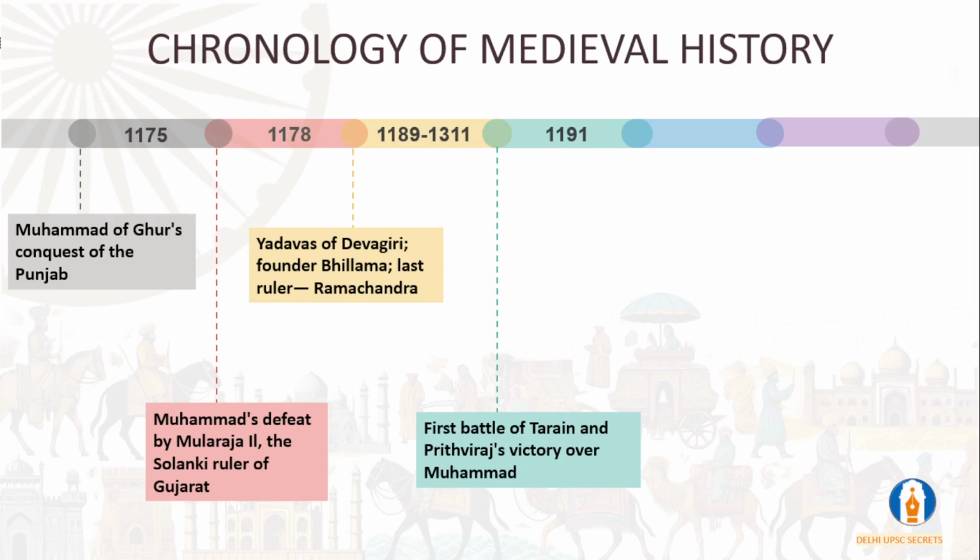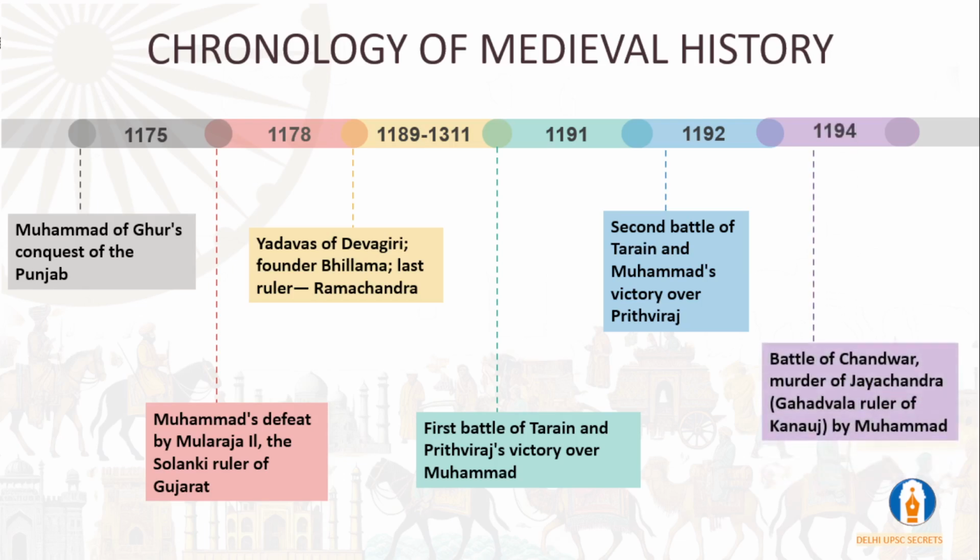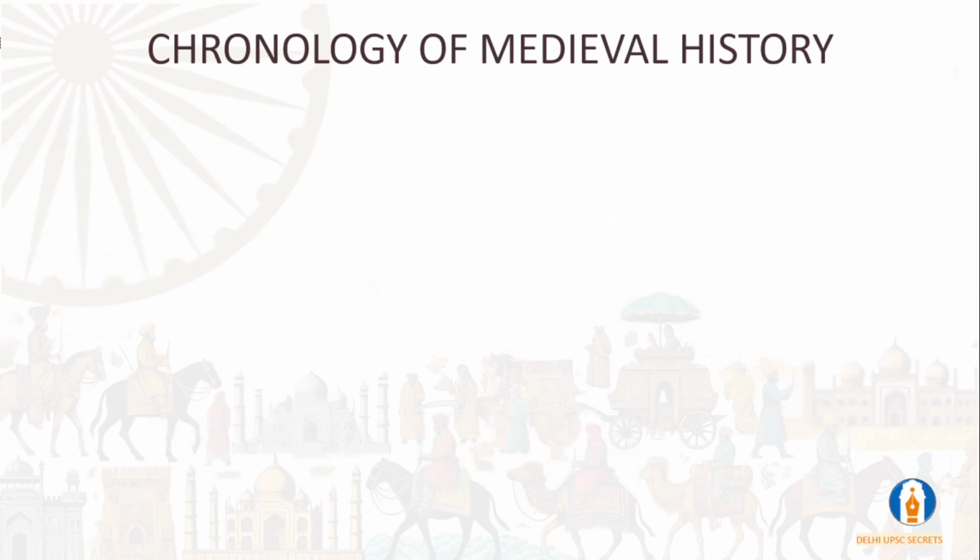1191 is the first important Battle of Tarain, which happens between Prithviraj and Muhammad. And in 1192, the second Battle of Tarain happens between Muhammad and Prithviraj. In 1194, the Battle of Chandawar happens, and the Gahadavala ruler of Kannauj was killed by Muhammad at this time.